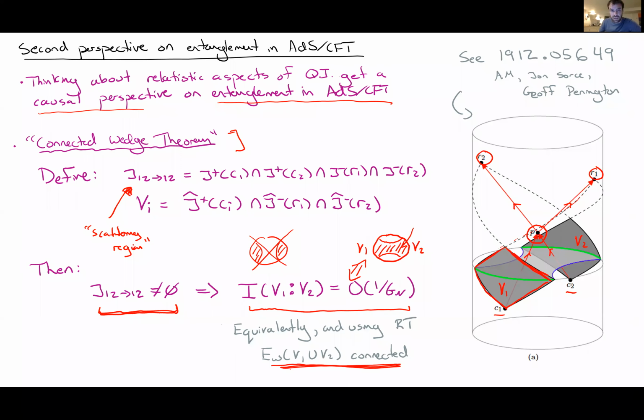Okay. Are there any questions about this theorem? Actually, if I can ask a quick question. So is this in vacuum, or is this in whatever geometry you have in the interior?